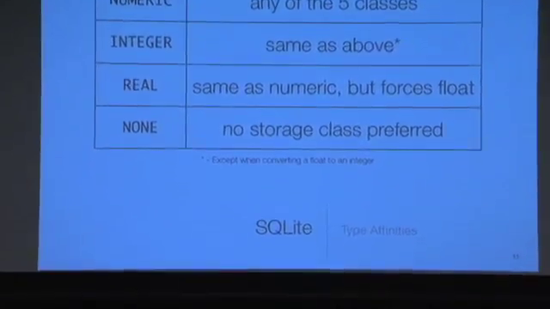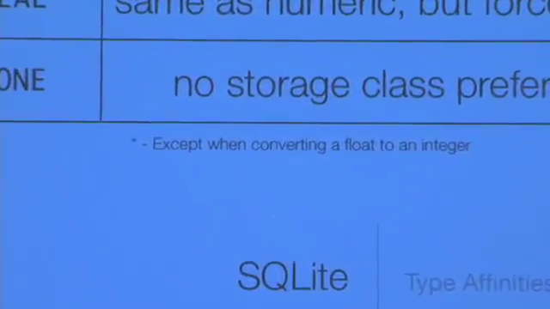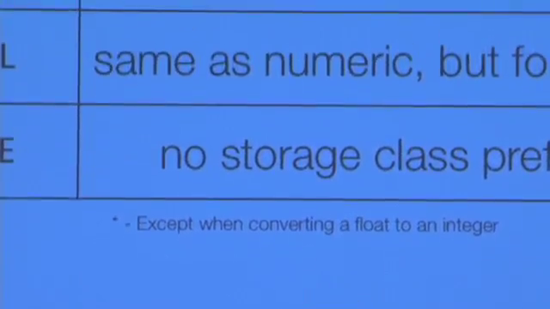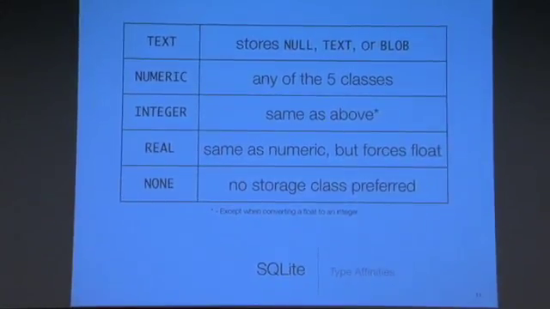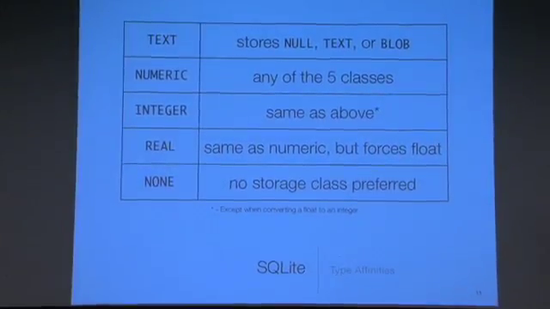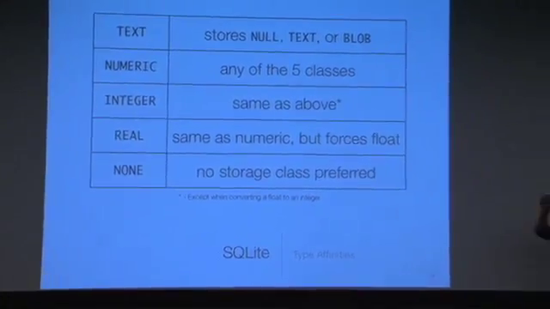The numeric and integer data types are essentially identical except for the case when you are trying to convert a float. You'll notice that there's a variety of types that exist here, and because of how loosely typed this is, we're actually going to end up converting from one type to another just to be able to do some comparisons.